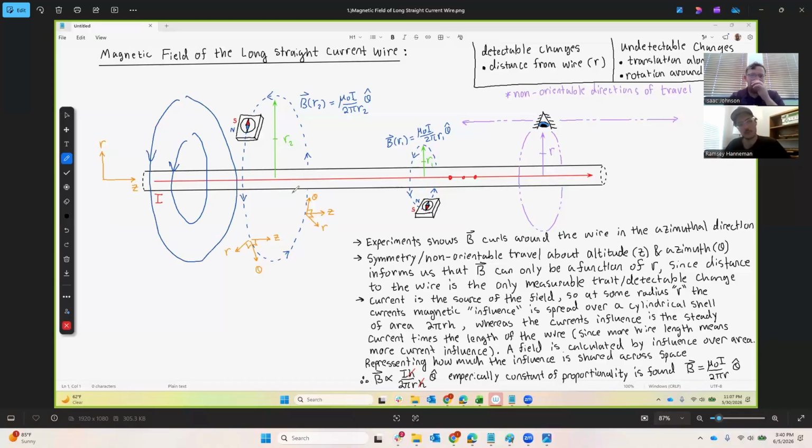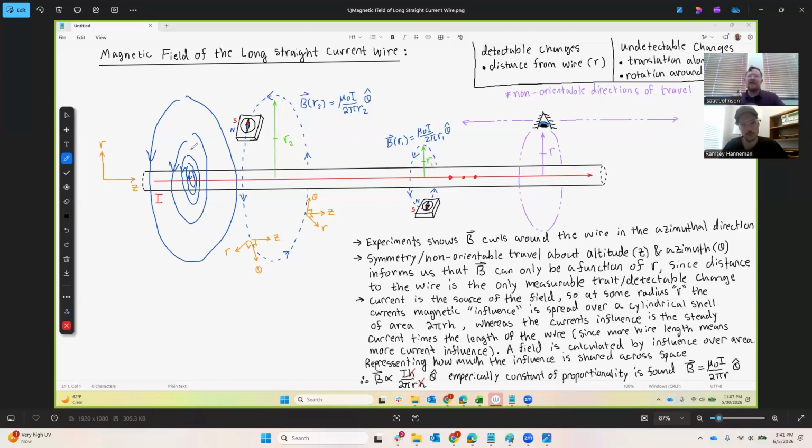And it's kind of tricky with B fields because they do loop in and close on themselves, to visualize what a density of field lines would look like. But maybe how I would do it is I would say closer to the wire, there's a denser amount of field lines. Of course, field lines are just a way that we think about the magnetic field in this case. But I guess the main argument is just because it's a symmetric system, the B field strength has to be the same everywhere azimuthally, or in the theta direction, for a fixed radius.